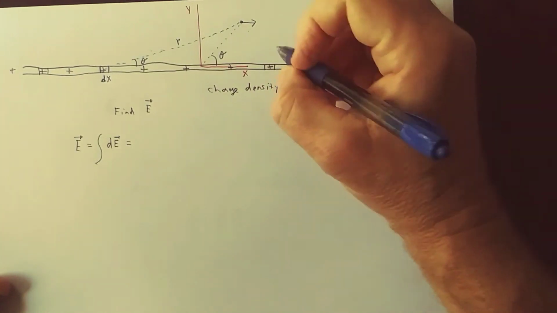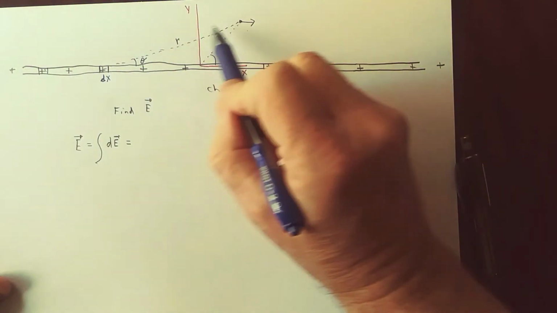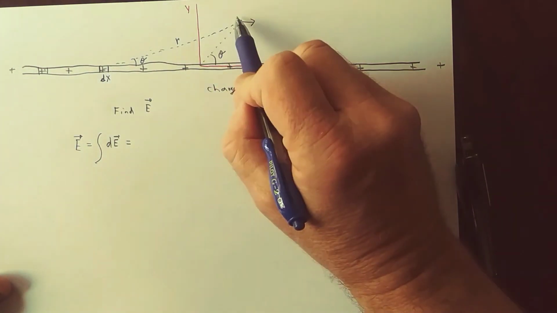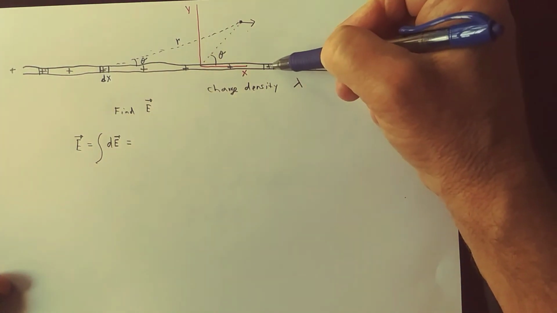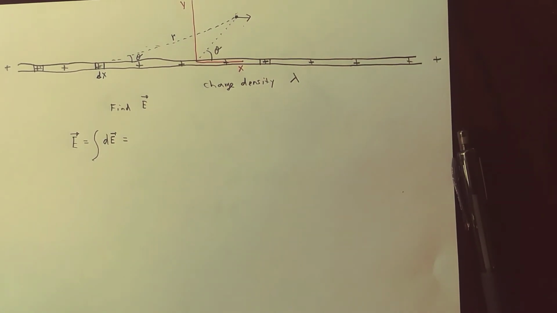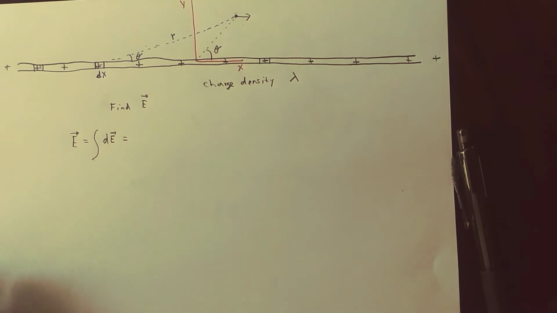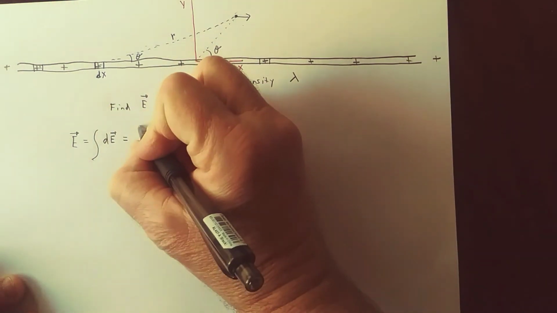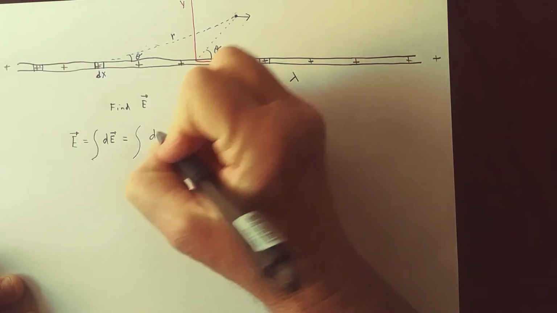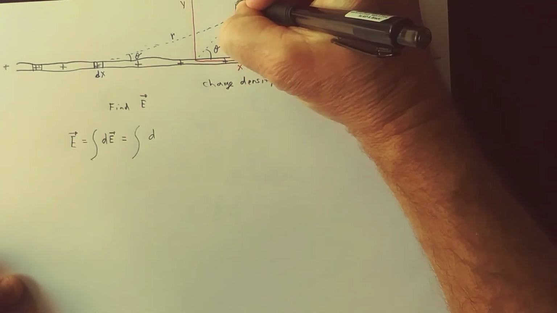Now, these are all the dx's. And the distance from here to there comes into play. This distance here, the distance from here to there. So clearly the angle and the distance are changing. And so we are really integrating something that has an x component.